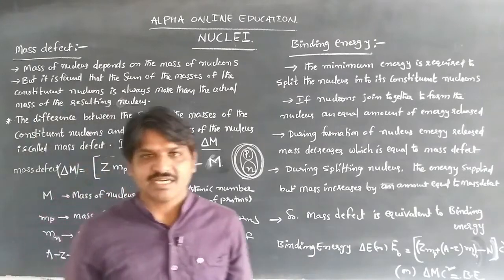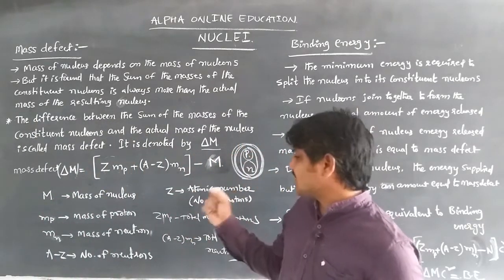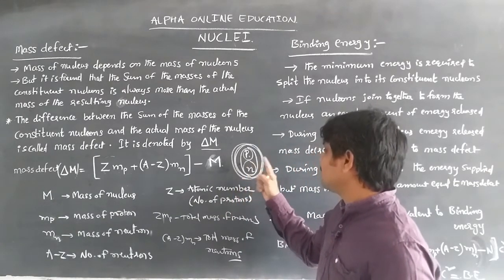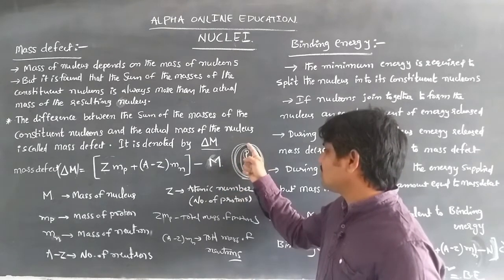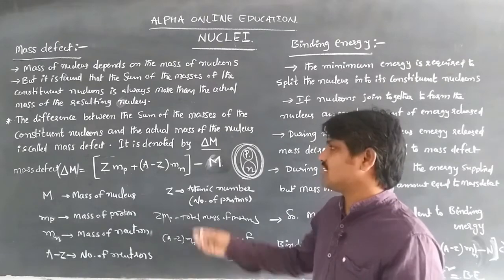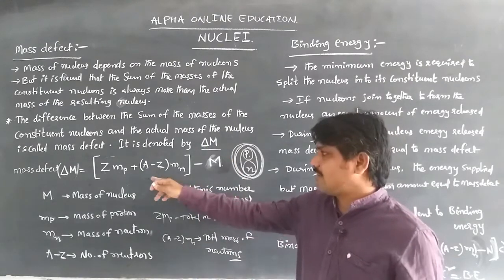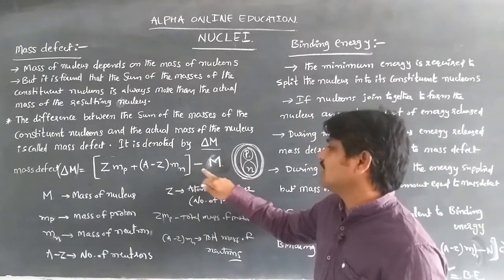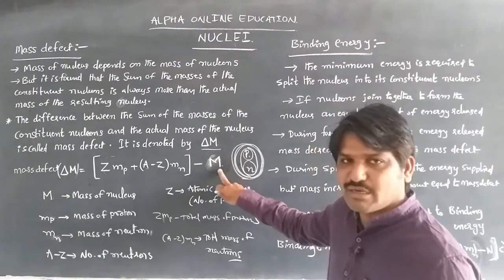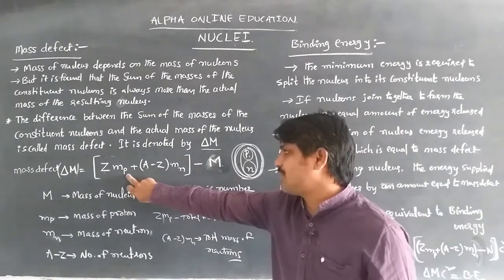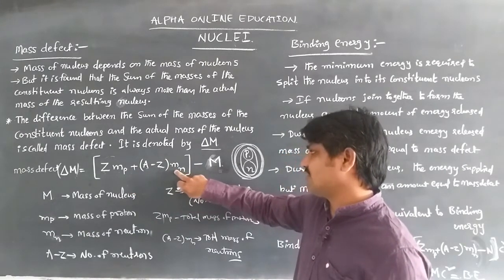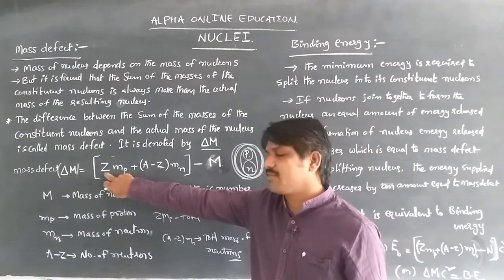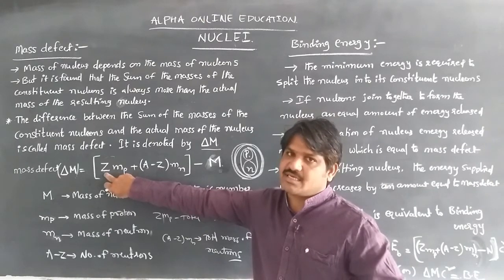Once again, the difference between the sum of the masses of the nucleons and the actual mass of the nucleus is called the mass defect, denoted by delta m, with the formula delta m equals Z Mp plus (A minus Z) Mn minus capital M. Here capital M is the mass of the nucleus, Mp is the mass of a proton, Mn is the mass of a neutron, A minus Z is the number of neutrons, and Z is the atomic number, also the number of protons.